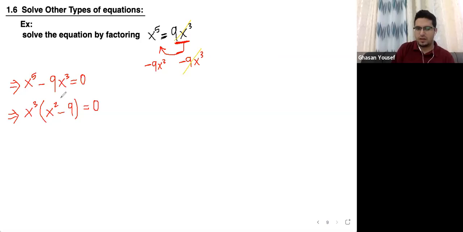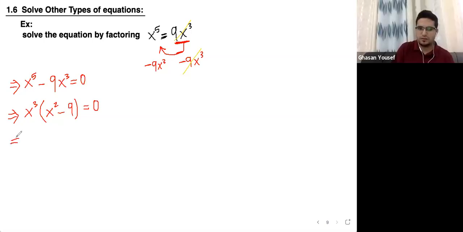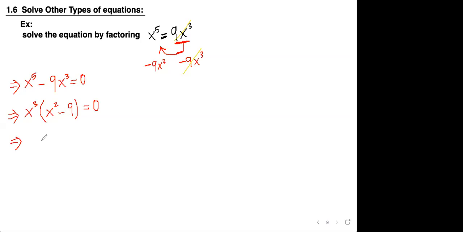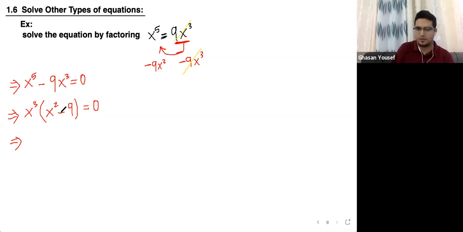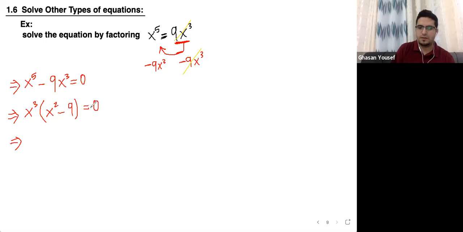Can I factor what is inside the parentheses, x squared minus 9? Yes, I can, because this is a difference of squares.